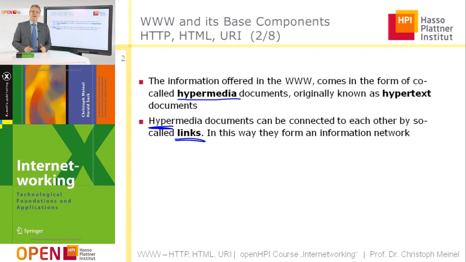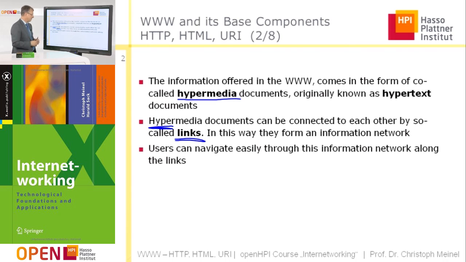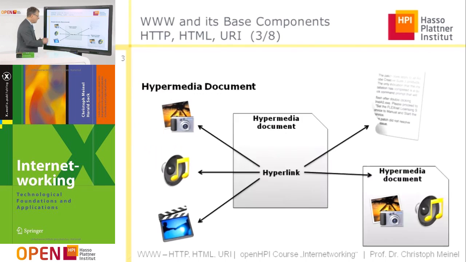In the web, the data can be interconnected in very different ways, and the user, the consumer of the data, can choose what type of connected information he is interested in. So users can very easily navigate through this information network by following links, and following links is very simple by clicking on a certain marked information.